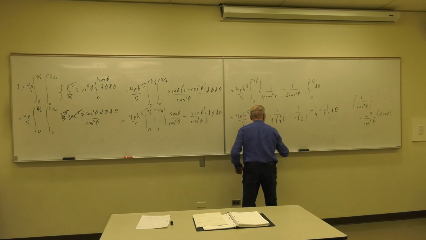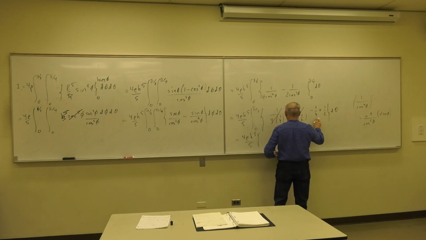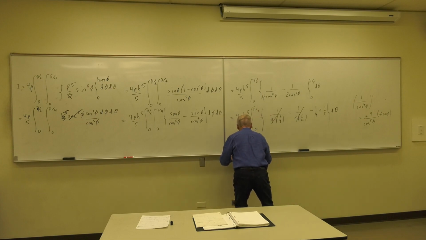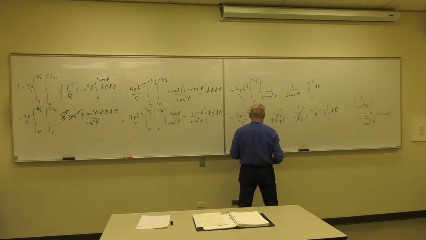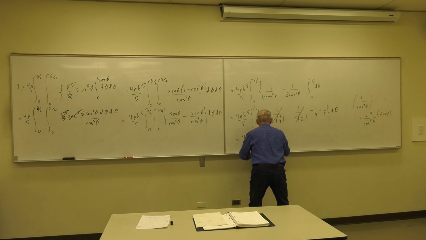We've got this constant. This is a 1, this is a minus 1, this is a quarter. I'm going to pull that out here. What's left is to do the integration from 0 to pi by 2 of d theta.